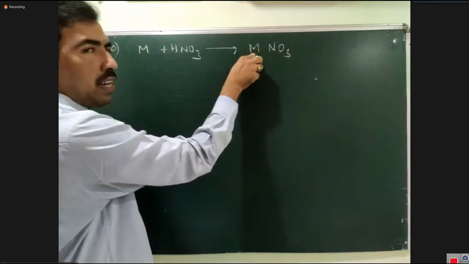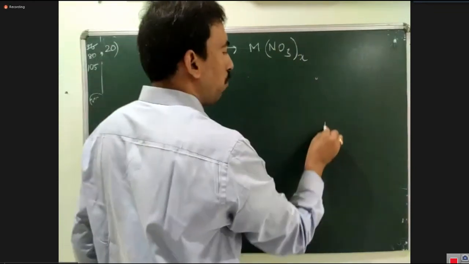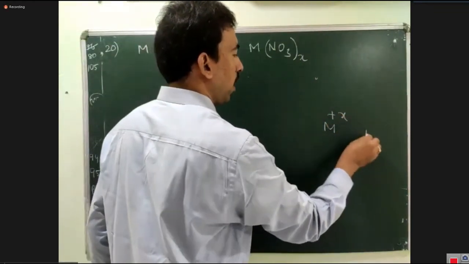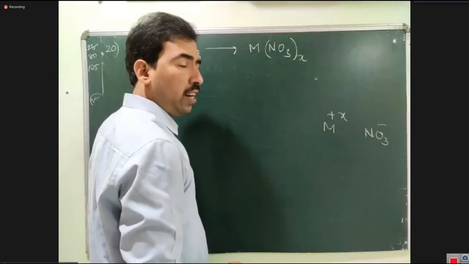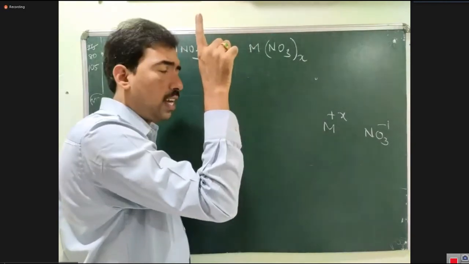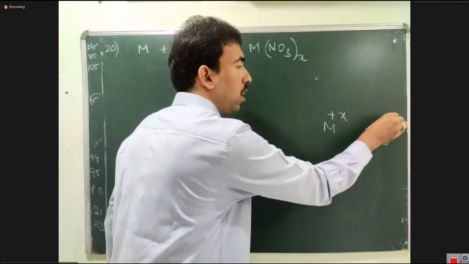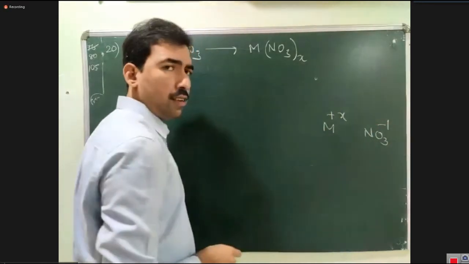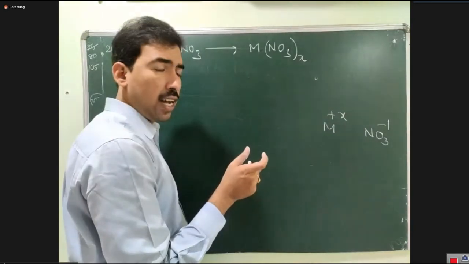But the metal valency we don't know, so let the metal valency be plus X. Nitrate means NO3 minus 1. In the foundation classes I told you, nitrate ion means NO3 minus 1.